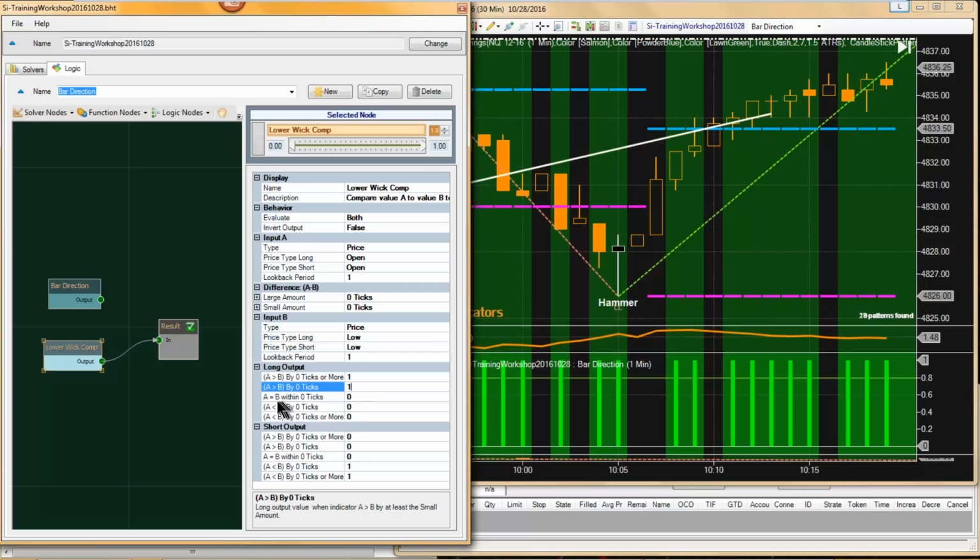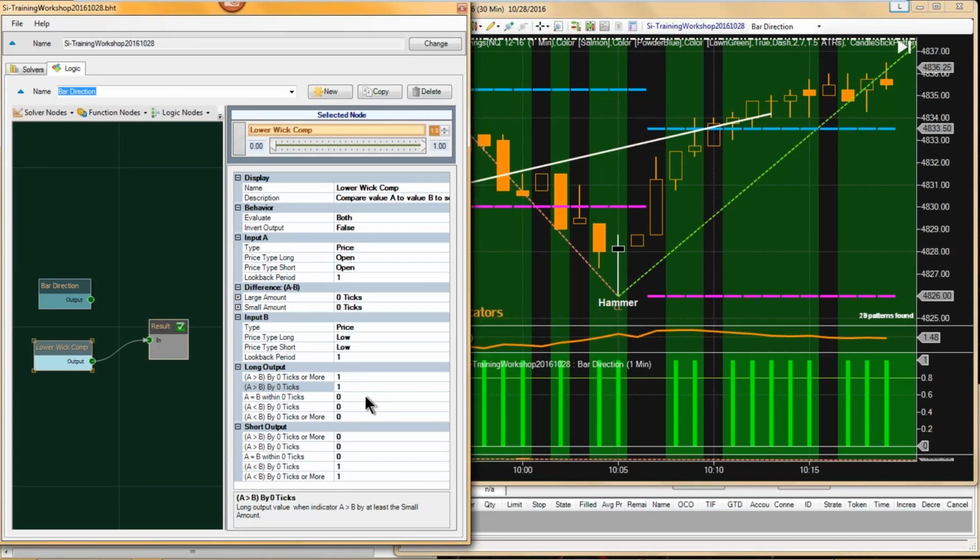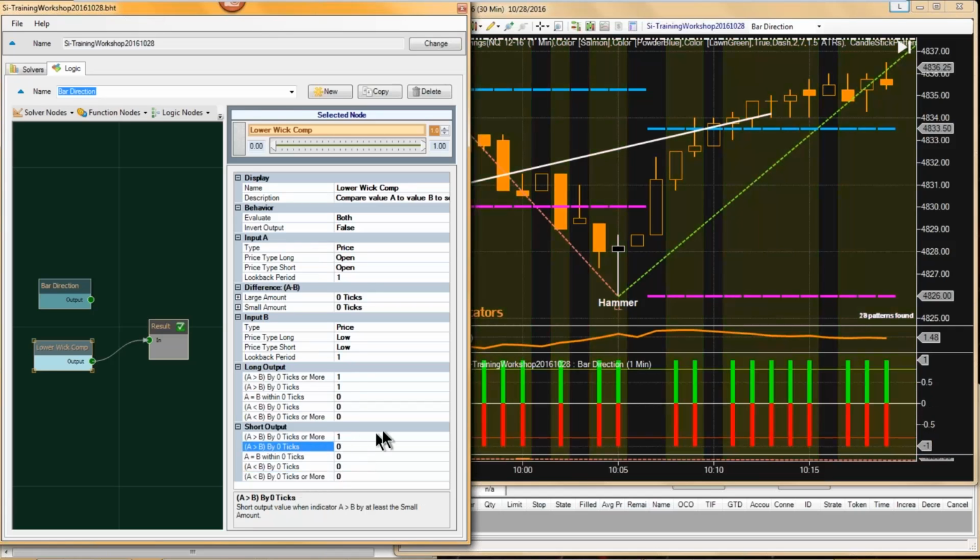And let's figure out which of the outputs we want. If you're detecting whether a bar has a low wick or not, to me that seems non-directional. So what I'm going to do is have this solver just give us a long and a short.